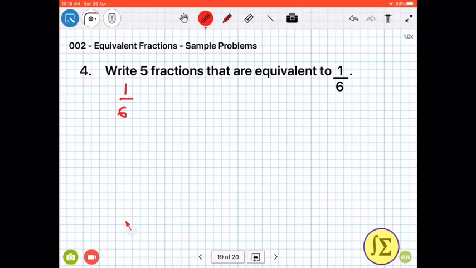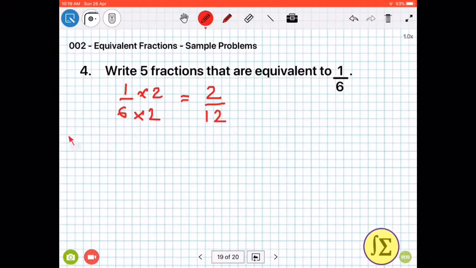For example, I'm going to multiply the first one by 2. 1 times 2, you get 2. And at the bottom, you multiply by 2 also. 6 multiplied by 2, you get 12. So 2 over 12 is equivalent to 1 over 6.